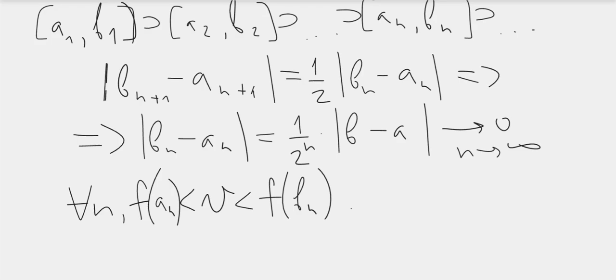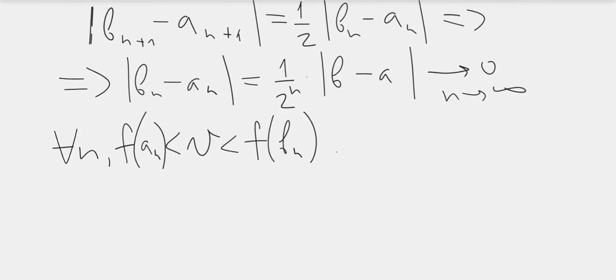Now we consider the sequences an and bn. We notice that both of them are monotone.